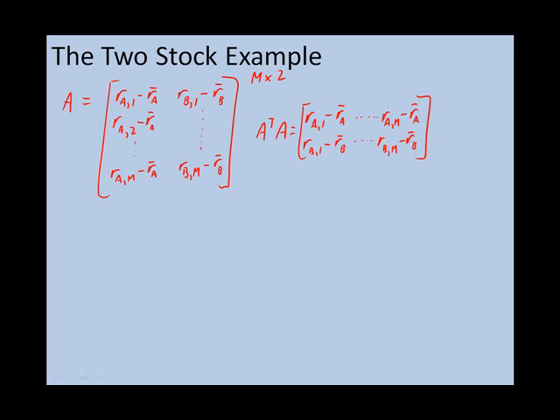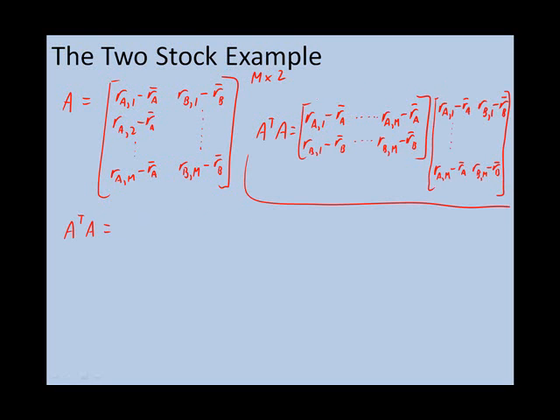There's A transpose, all times A, and we know what A is already. Let's do this calculation. Let's consider the first row of A transpose times the first column of A. What do we get? This would be the first element of A transpose times A.